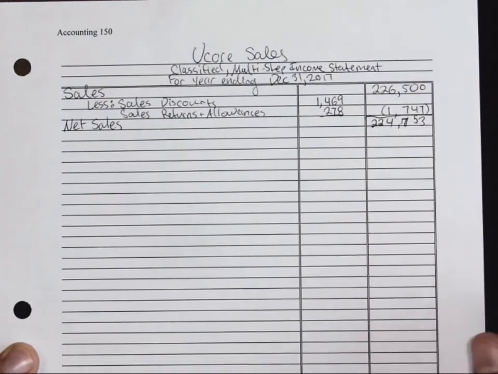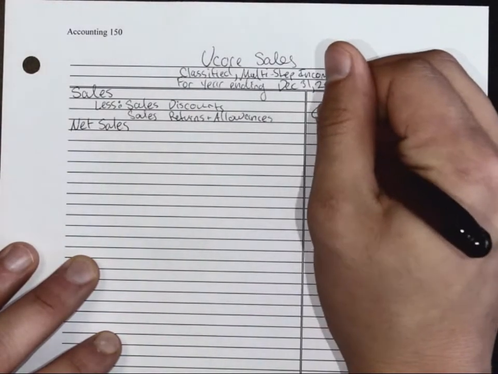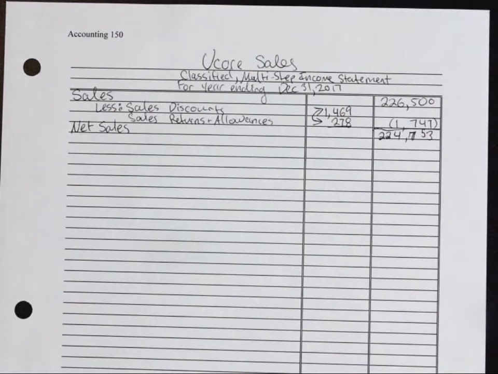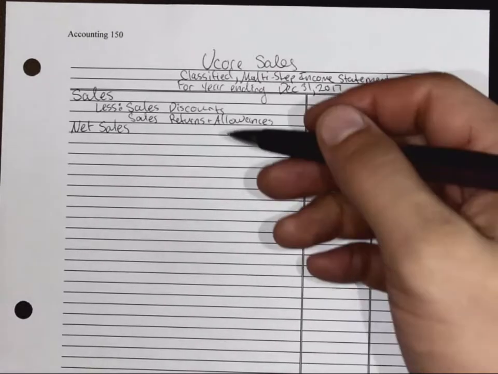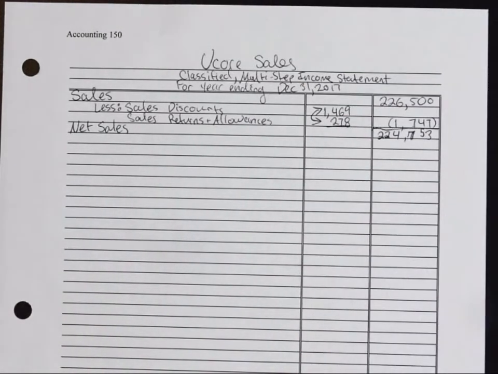Did I get that wrong? No, the amount you have for discounts and the amount you have for returns and allowances are switched. Oh, I see. I wrote the wrong one in the wrong spot. Always copy me with pencil. So I just wrote them in the wrong spot, but the outcome will be the same, right?